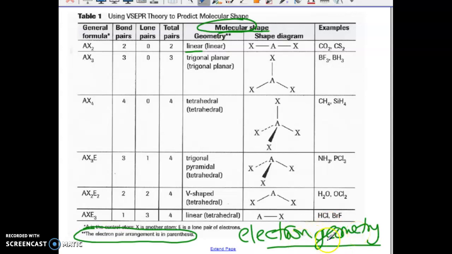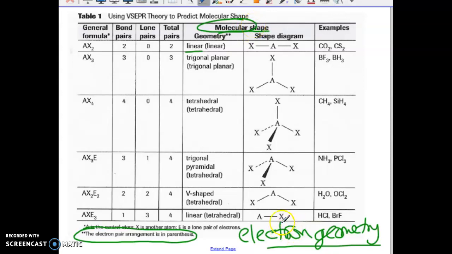Okay, so electron geometry, kind of the easiest way I can explain it is kind of like how many electron groups are around a central atom. It doesn't designate if it is a lone pair or a bonding atom. Whereas molecular geometry tells us and distinguishes the shape based on if you have lone pairs or bonding elements.